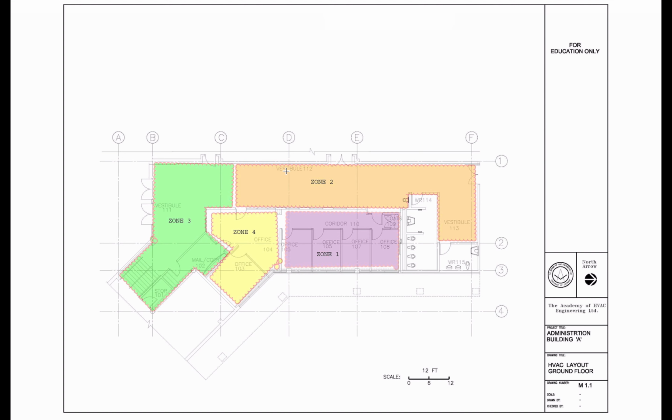Zone 2 will serve just one room, one space, it's vestibule 112. Zone number 3 will include this part of the vestibule, mail copy room, and this little storage all together. And there is another zone 4 which includes 2 spaces, office 104 and office 103. Let's go back to the tab.